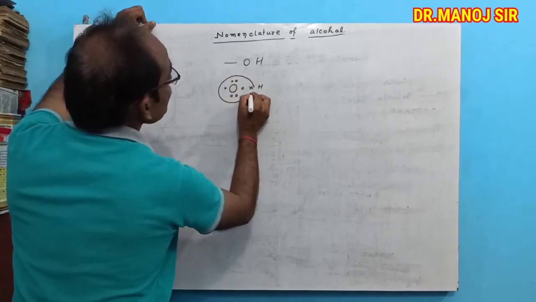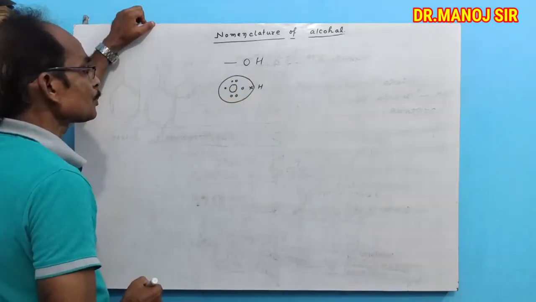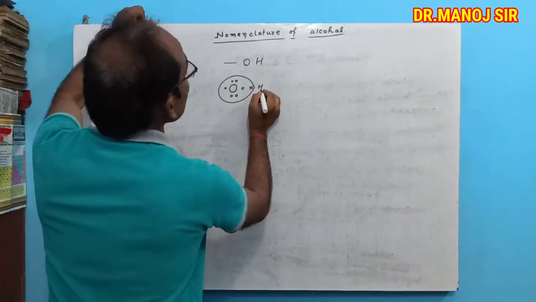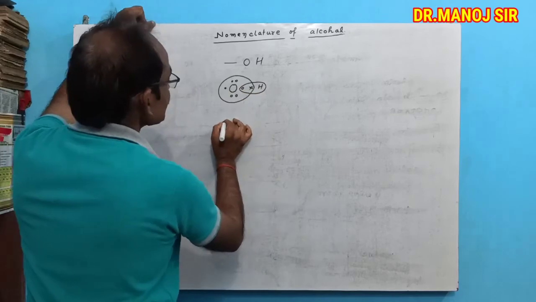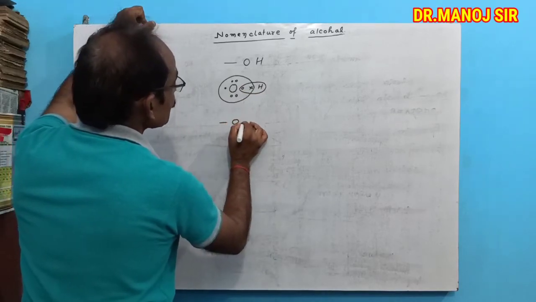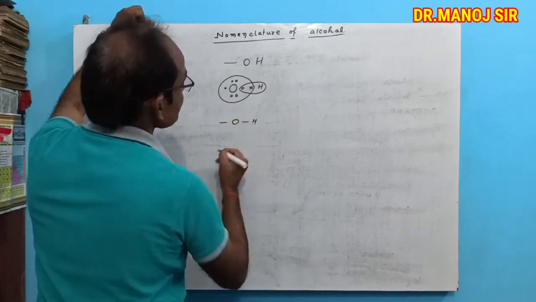Here hydrogen is covalently bonded with oxygen by sharing 1 electron, which gives us O-H.